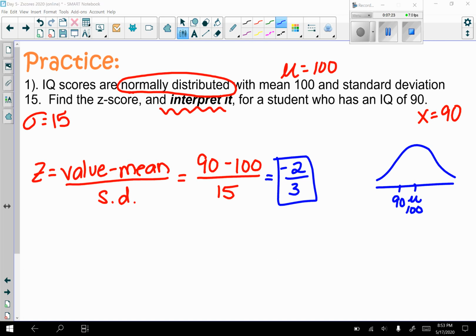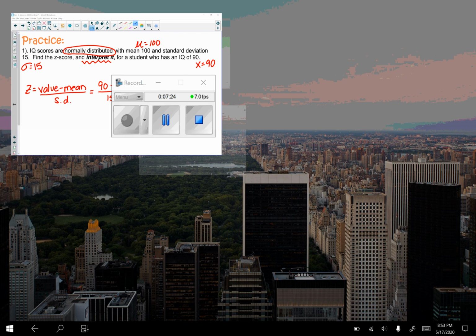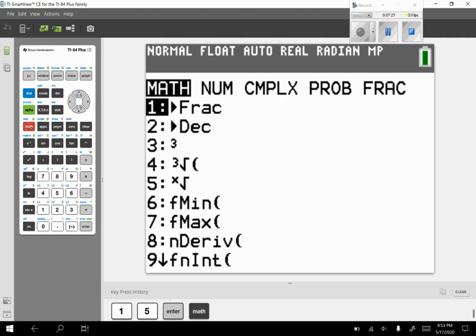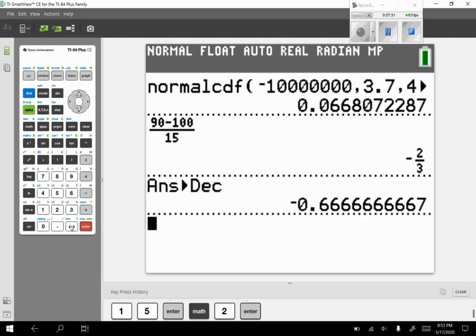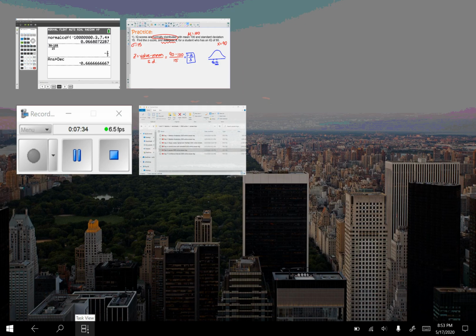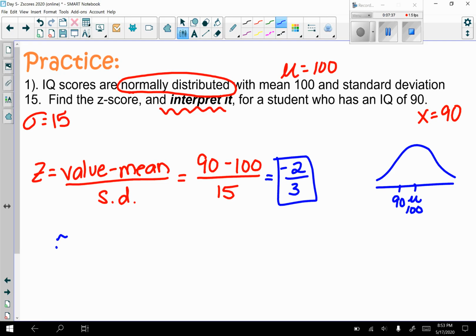So I'm just going to put that in my notes as well. I'm going to hit math, choice 2 to put it as a decimal, and I get negative 0.6 repeating. So two places would give me roughly negative 0.67.